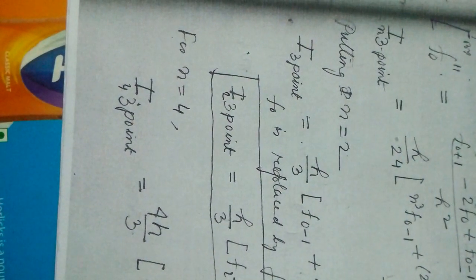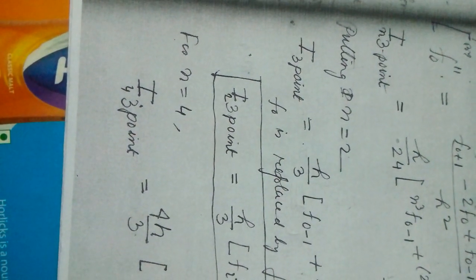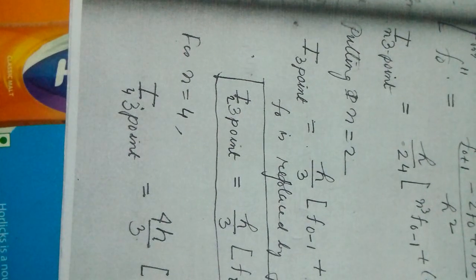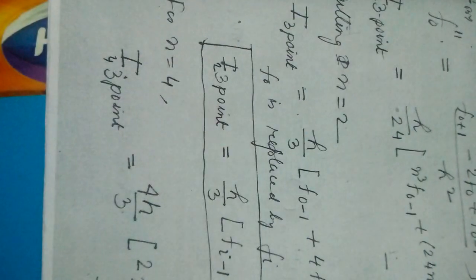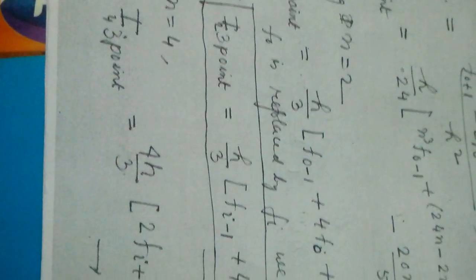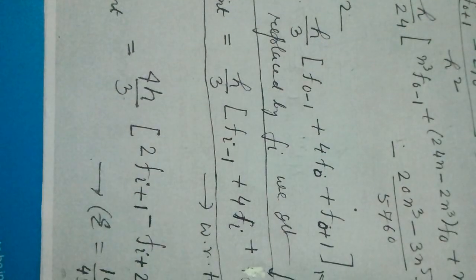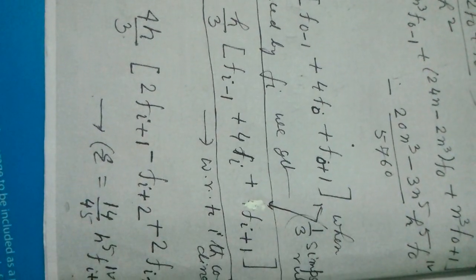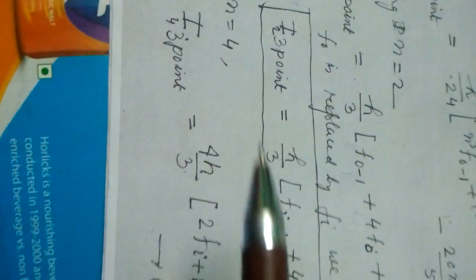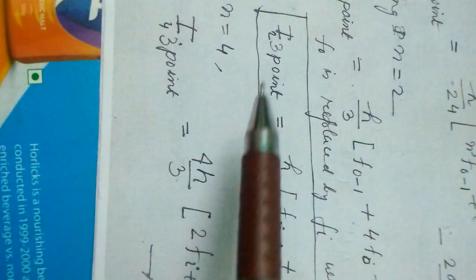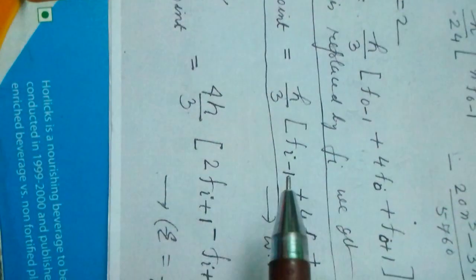Putting n equal to 2 here, I_2 3 point is h by 3 times (f_(i-1) plus 4 f_i plus f_(i+1)).